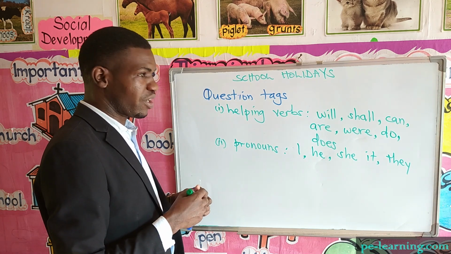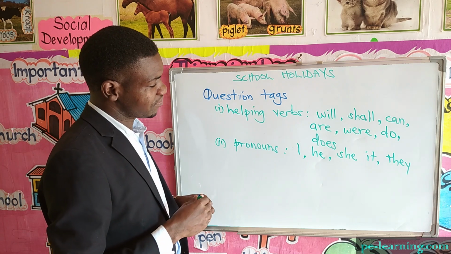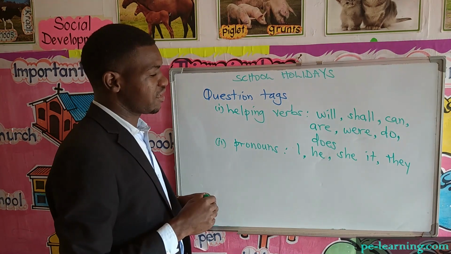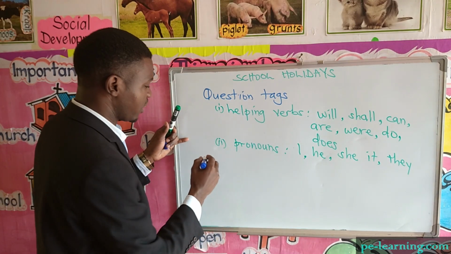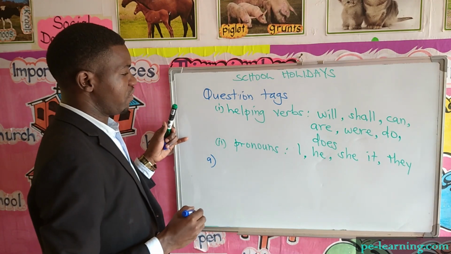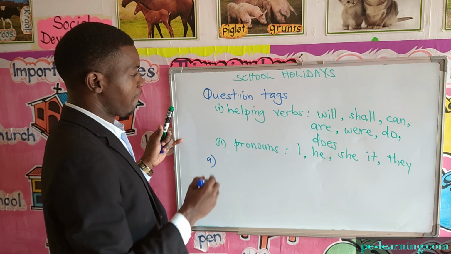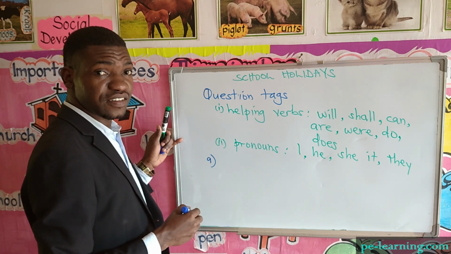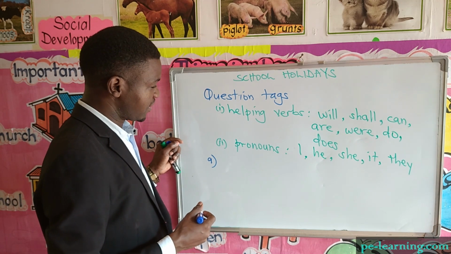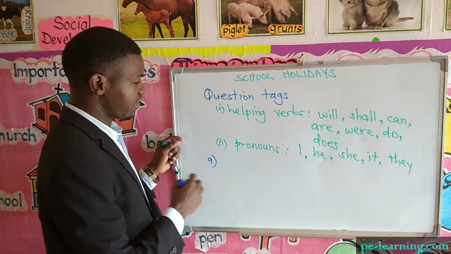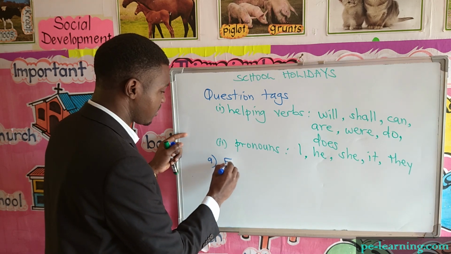Let's go directly and look at a part of the question tag with examples. And I want to start with part A. The part A will be talking about question tags. So let's look at now the first part, and this is basically forming question tags for statements.